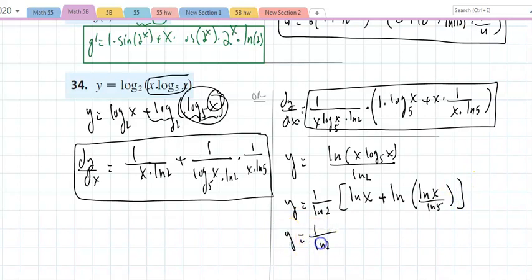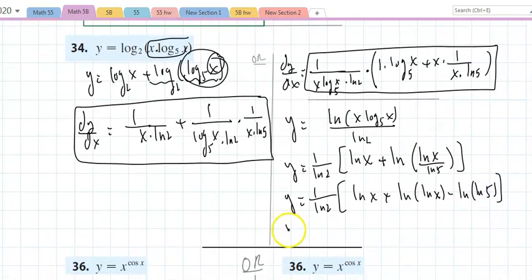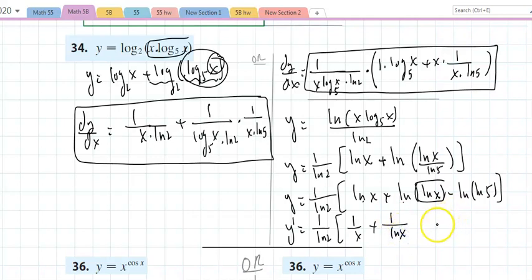So y equals 1 over natural log of 2 times natural log of x plus, wouldn't that be natural log of x minus natural log of 5? And if I take y prime, that is 1 over natural log of 2 times 1 over x plus the derivative of a natural log is 1 over natural log of x times the derivative of the inside. And this is a constant, so that's a 0.